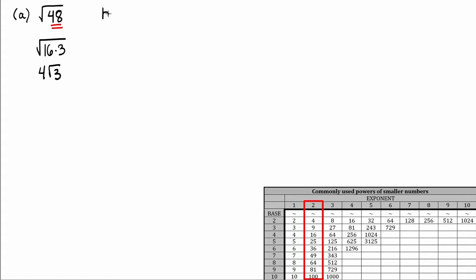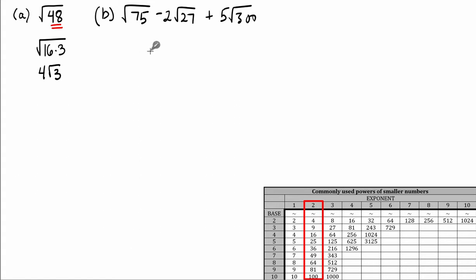Now, in the second problem, we're going to use this same procedure several times in a row. Root 75 minus 2 root 27 plus 5 root 300.